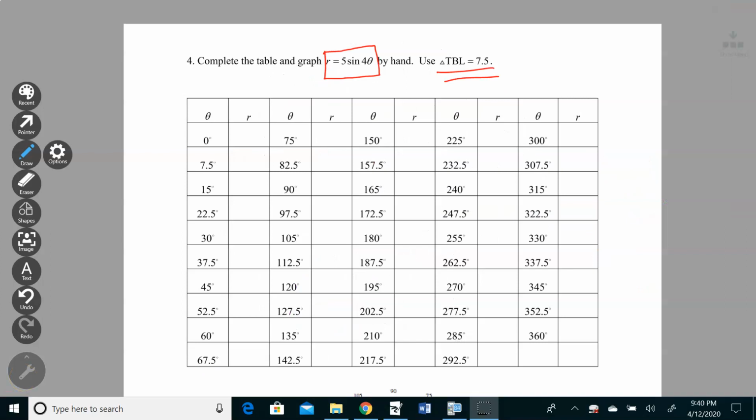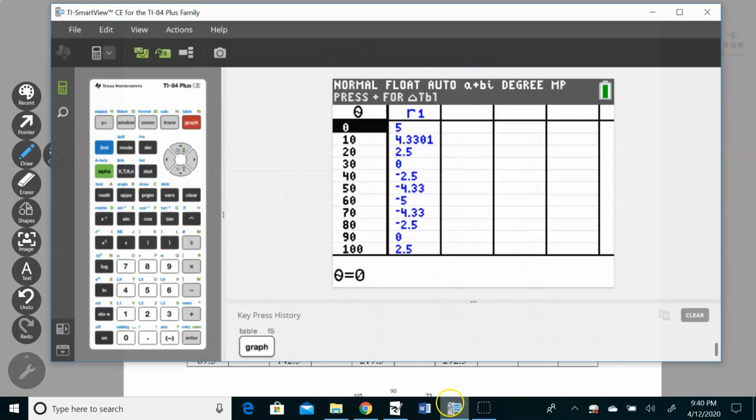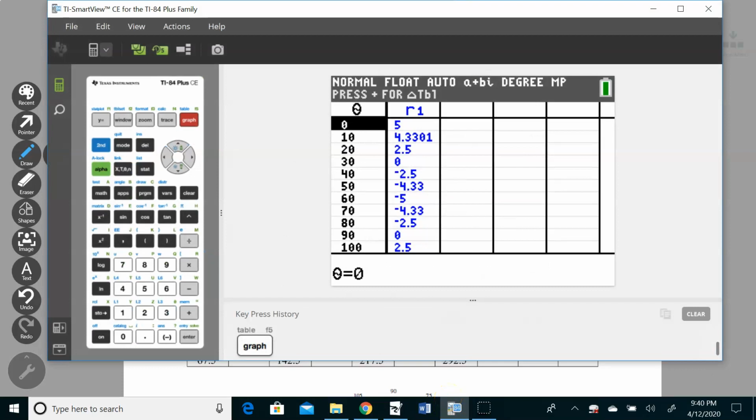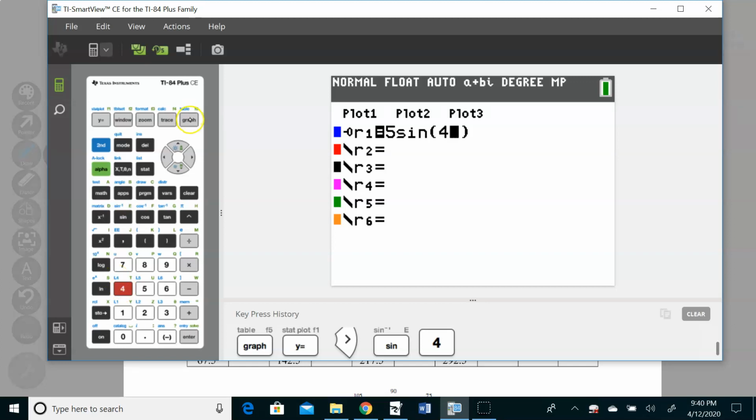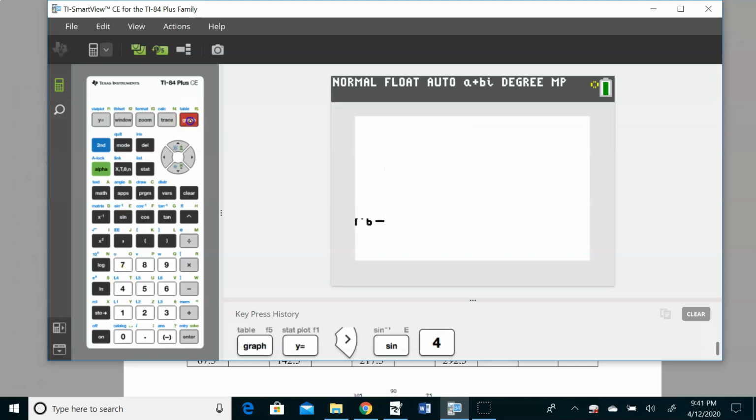And this last graph that we're going to draw is r equals 5 sine of 4 theta. Very similar to what we did before, except now it's r equals 5 sine of 4 theta. Not 3 theta, 4. Maybe that makes a difference. I could just hit graph because I'm using the same window as before.